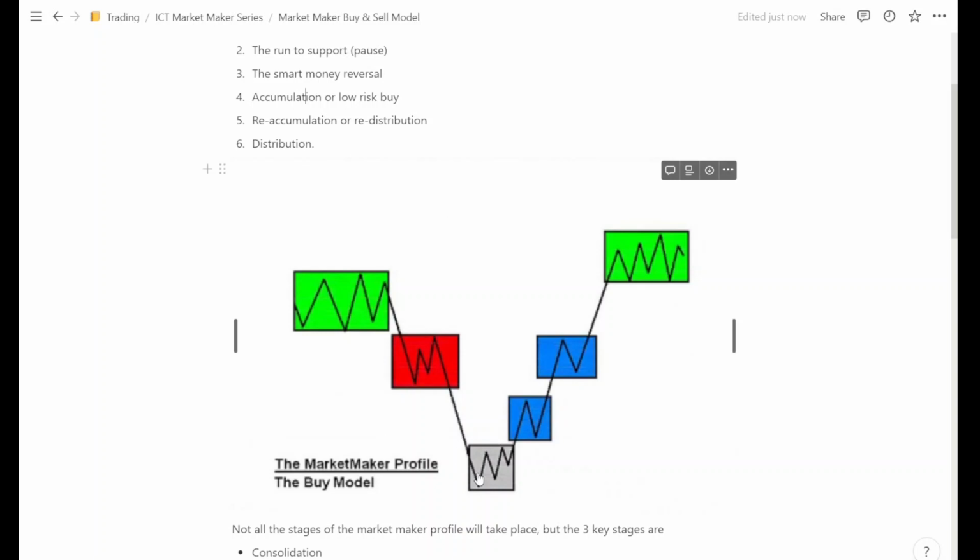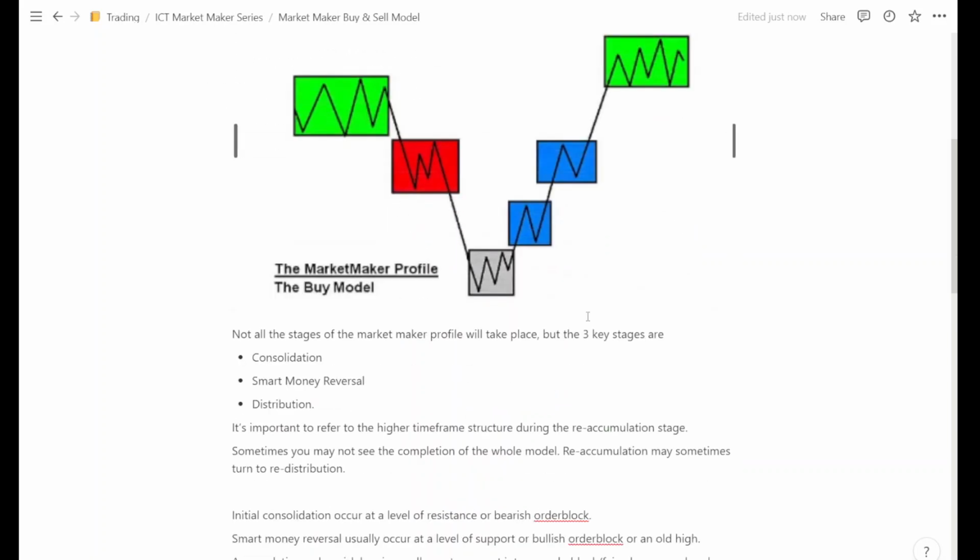So if at this level perhaps there is a fair value gap below this level that price fails to get to, and then consolidates a bit and then moves away, takes out that high, you begin to anticipate a market maker sell model to take out the low and fill the fair value gap below this level. Don't worry, by the time I show you examples, you will understand better what I'm trying to say. So this is the buy model.